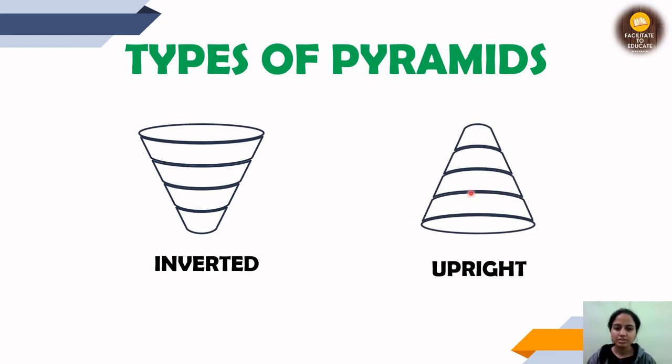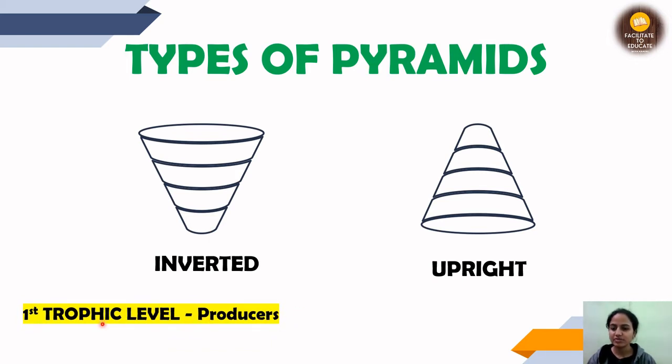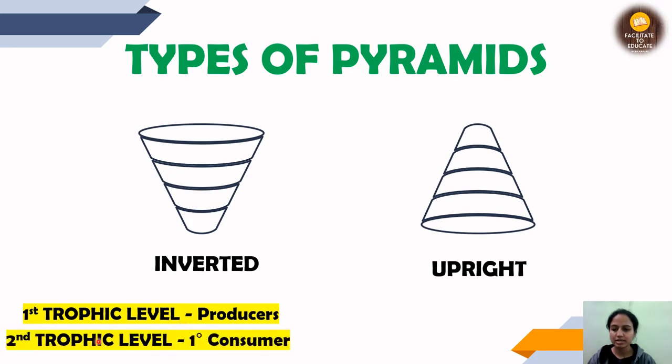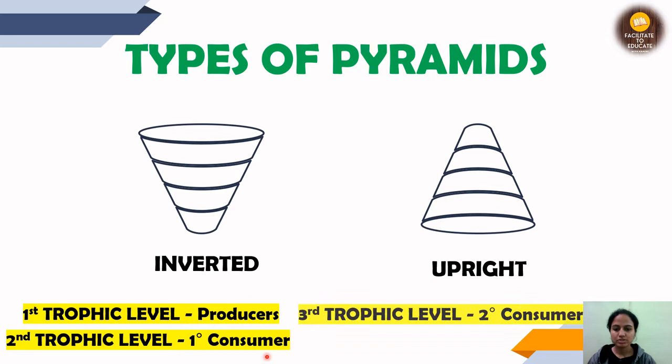So I have made certain columns and we have to fill something in these columns, right? So in the first column we will always mention the producers, the first trophic level, whether it is inverted or upright. In the second trophic level, the primary consumers will be mentioned.